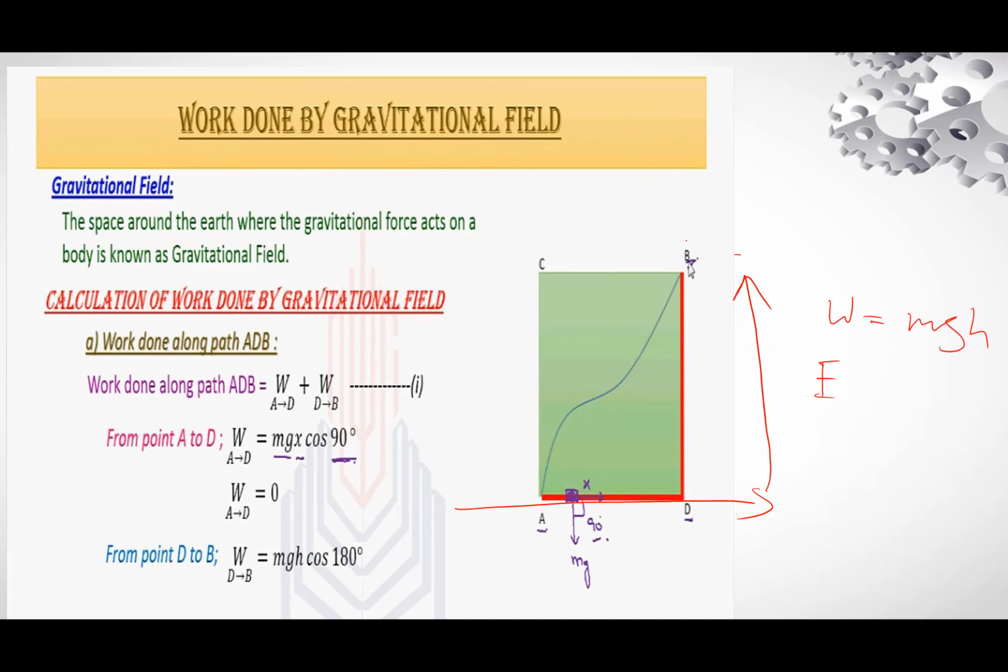If work is done from B to C and from C to A, the same amount of work, mgh, will be done. And if from B to A you follow this path, the same amount of work will be done, which means that work done is independent of path followed in a gravitational field.